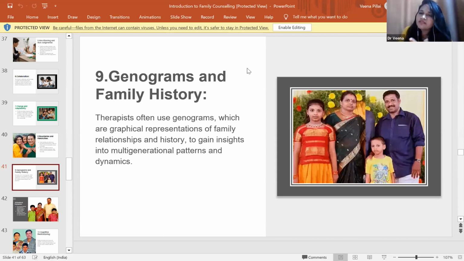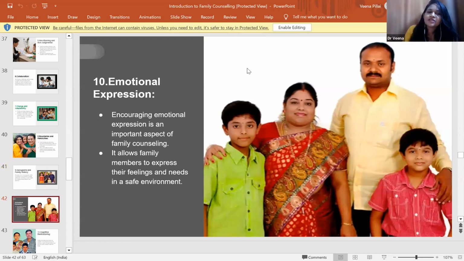And genograms and family histories will not only be helpful to know the values, attitudes or beliefs, but nowadays they also help with health conditions as well. So it is always better to know about the family histories, to have an insight into the multi-generational patterns and dynamics.